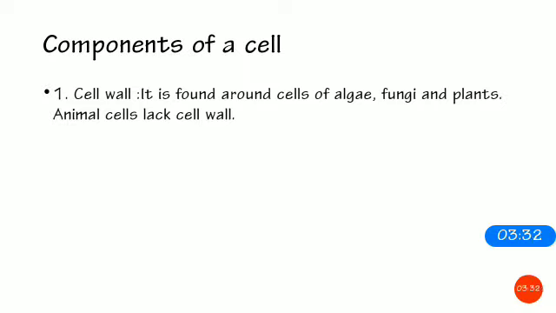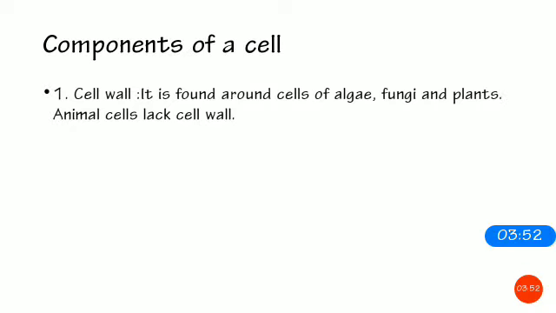So basically the cell wall is present in plants only. This cell wall is protecting the cell, because a plant cannot run in danger, but we can. So the cell wall is only present in the plant, and it protects the cell.